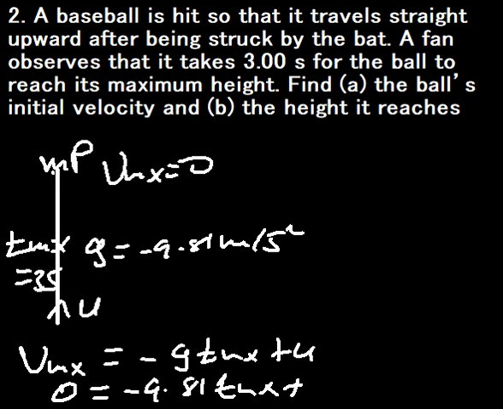We know Tmax already, so we substitute 3 and plus the initial velocity. So what is 3 times 9.81? That is 29.43.